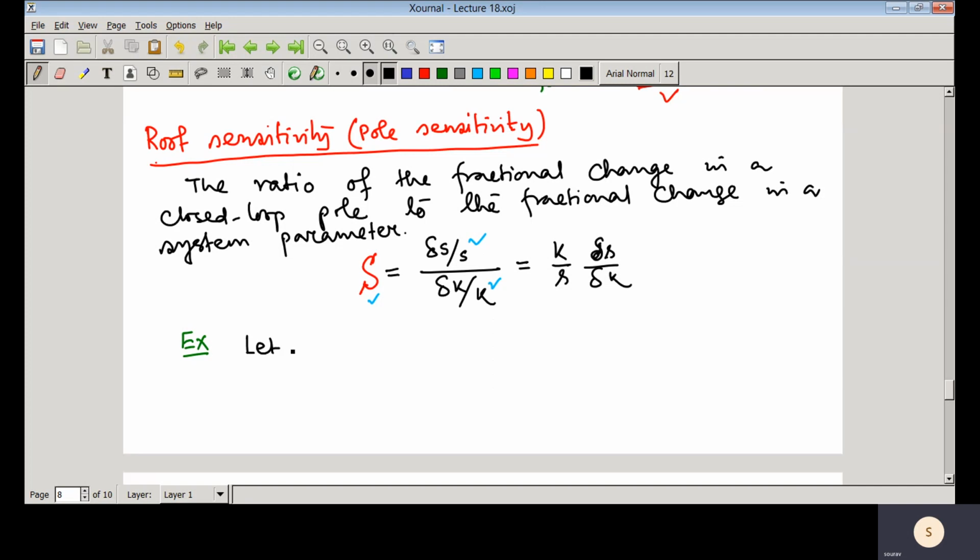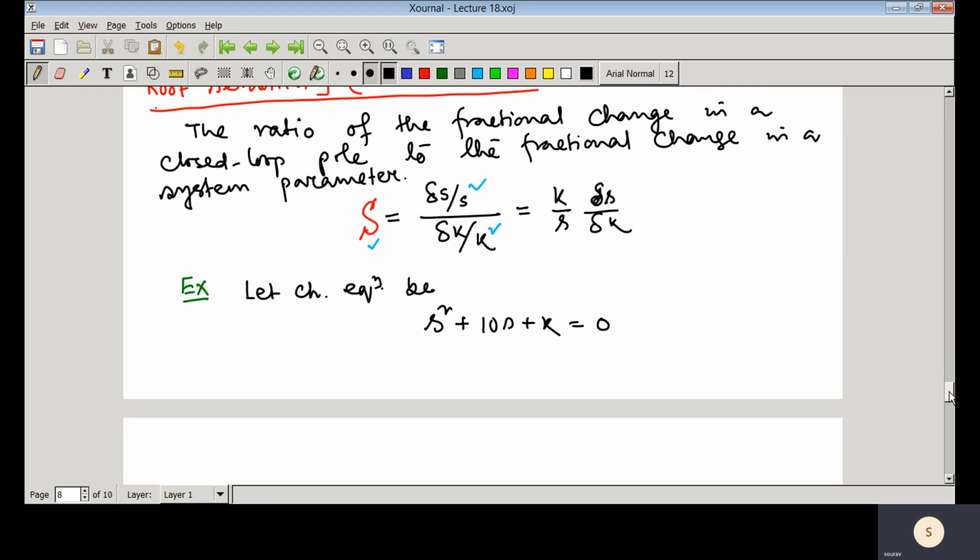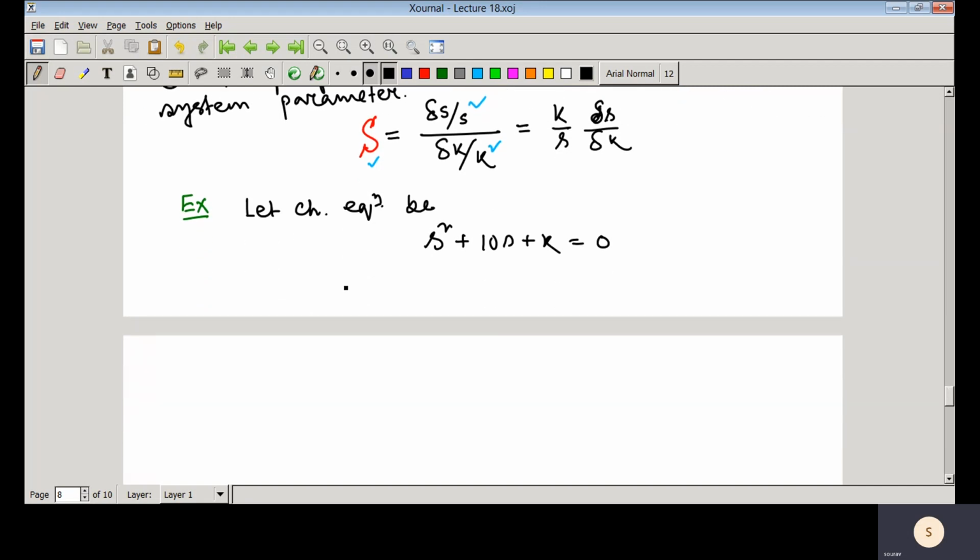We have given all the data in that particular lecture. Let the characteristic equation be s squared plus 10s plus K. Suppose we have a characteristic equation like that. We are trying to find what would be the root sensitivity.